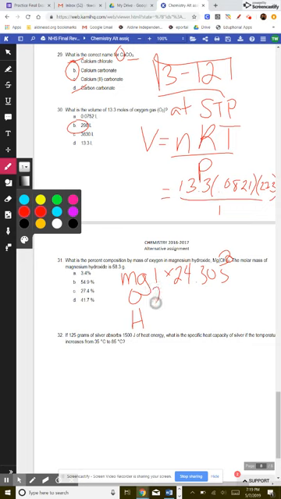So that's 2 times 15.999. Then we have hydrogen. There's 2 of them again because of that subscript, 2 times 1.008. So I still have to do this, that's why I just calculate the molar mass.